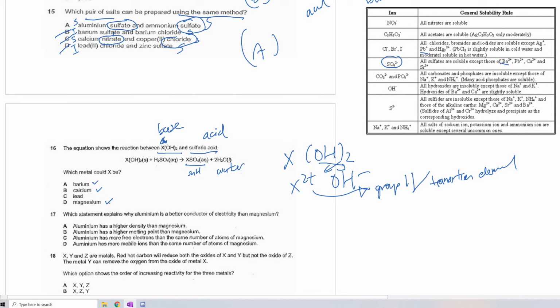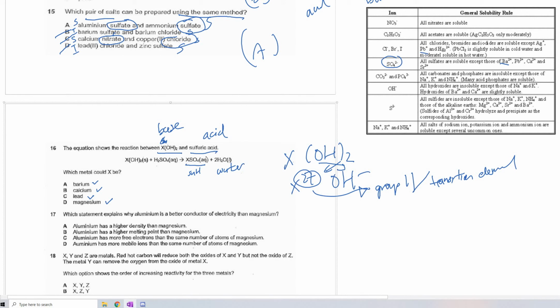They can form the charge of plus 2. And lead is a transition metal. It can also form the charge of 2 plus. So this information is not very useful for this particular question. So what else can we deduce?